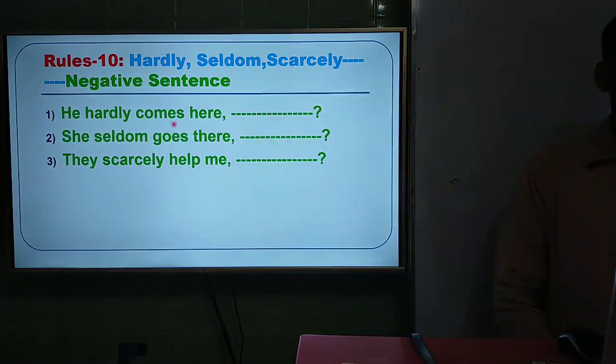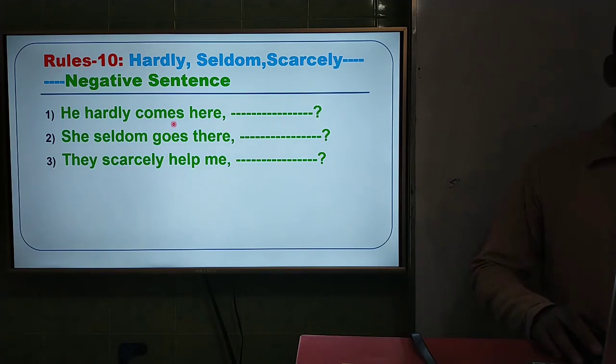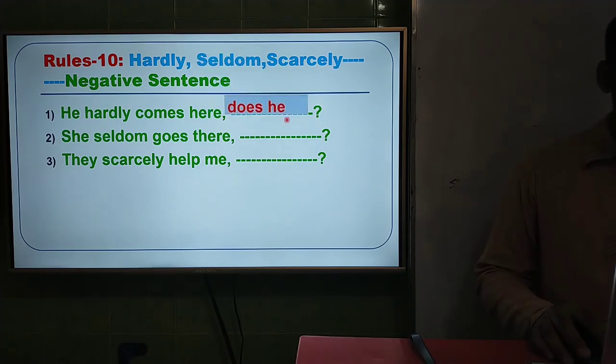As this is in present indefinite, we have to use do or does. As we have got "s" after the verb, we have to use does. This is a negative sentence using hardly, so the tag question will be affirmative and the answer will be "does he".